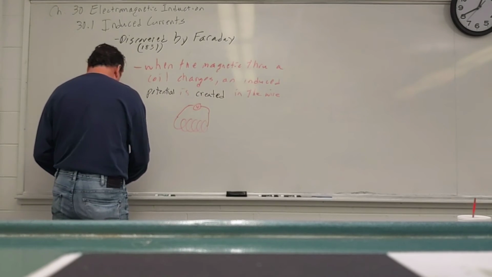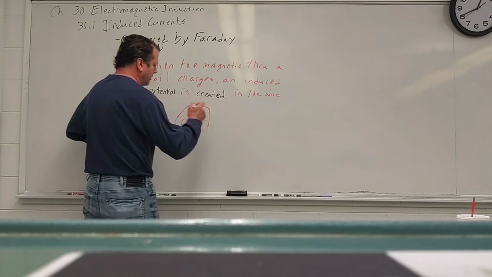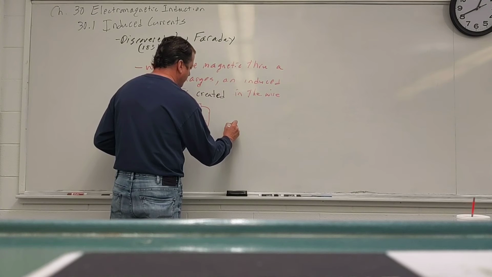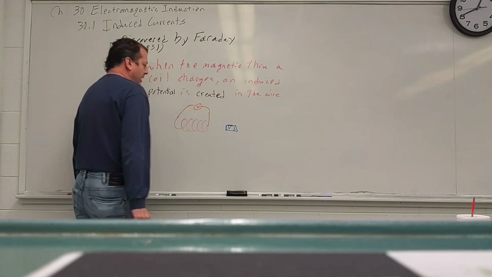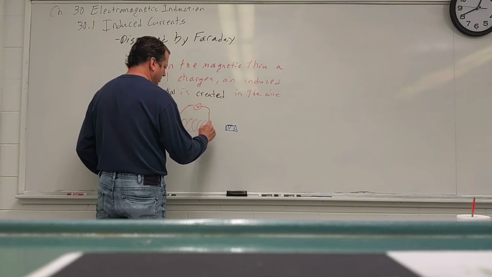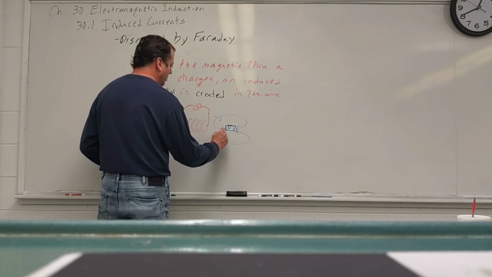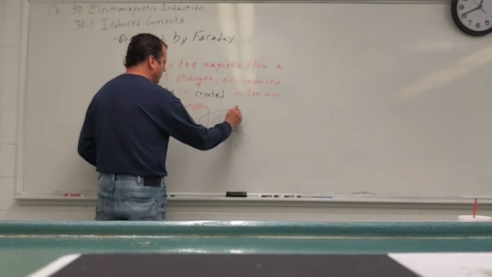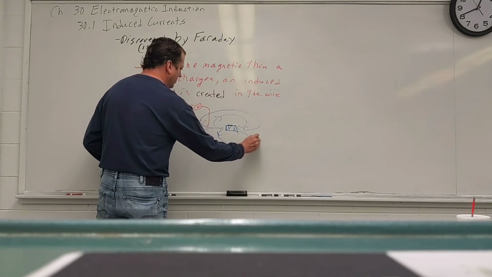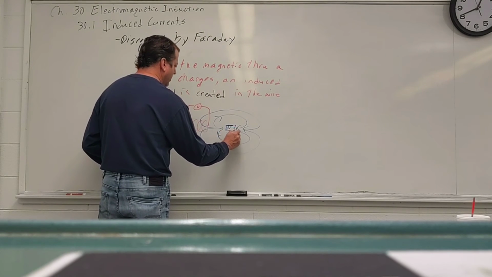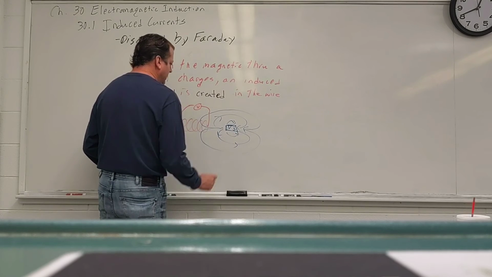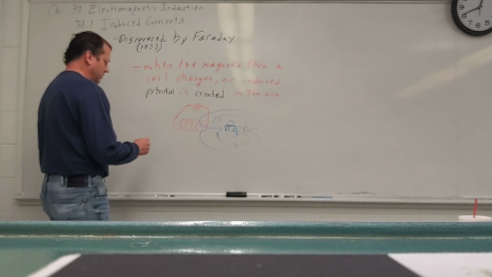So if I keep my magnet still, here's my magnet. If it's still here, of course, the magnetic field is coming out doing this, and of course, some of it goes through the coils. But the key is, it's got to change.